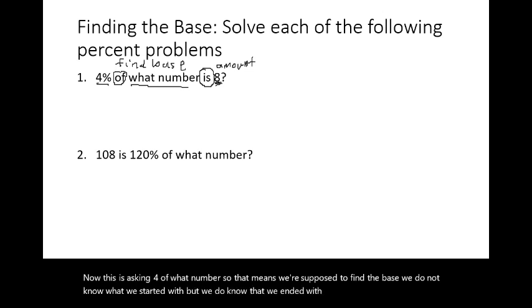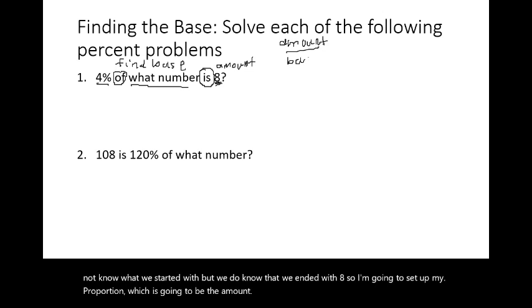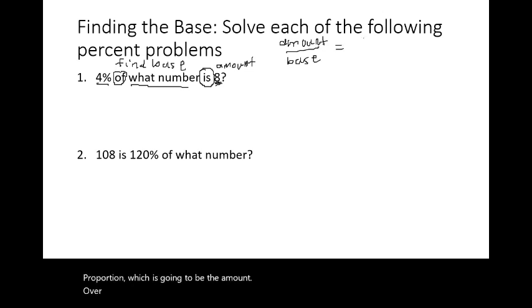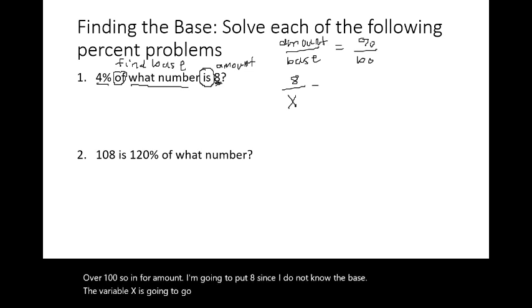So I'm going to set up my proportion, which is going to be the amount over the base equals the percent over 100. So in for amount, I'm going to put 8. Since I do not know the base, the variable X is going to go in this denominator. Then our percent is 4 over 100.